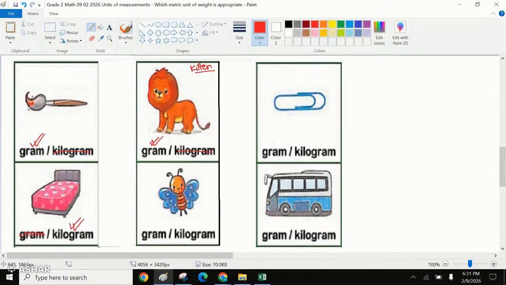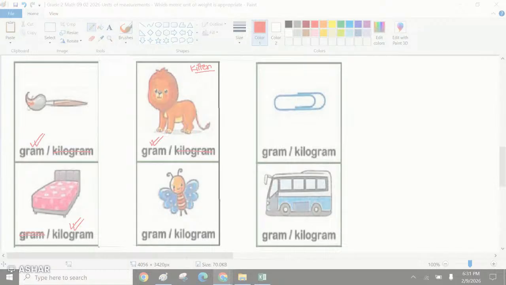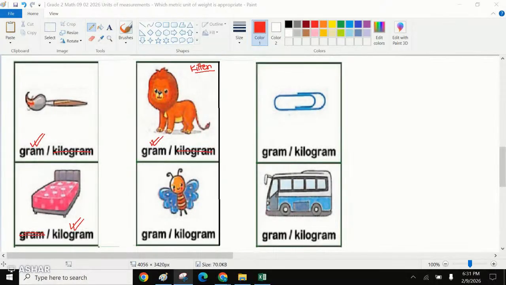The butterfly. What about the butterfly? Let's see. No, Semi.